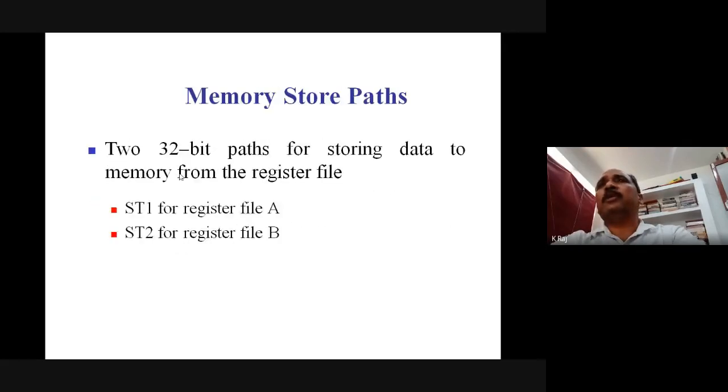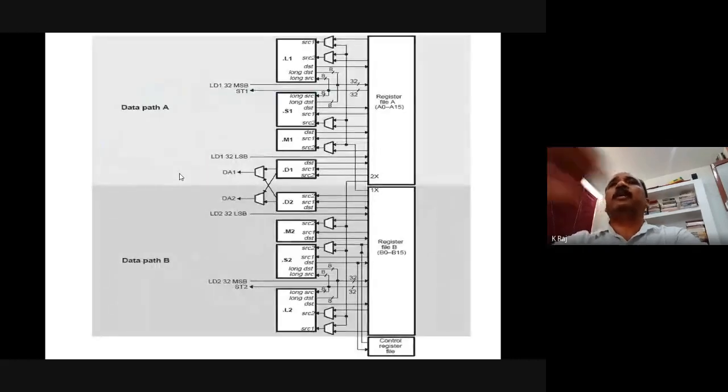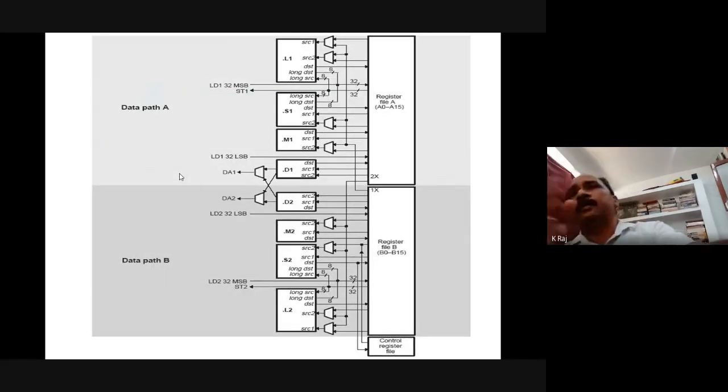If we come to the previous slide and see the register file, we find there are 8 functional units, LD1, LD2, ST1, ST2, DA1, DA2, and 1x, 2x.